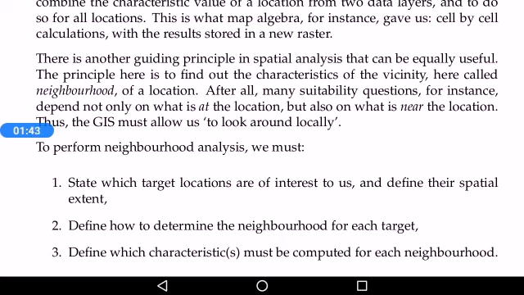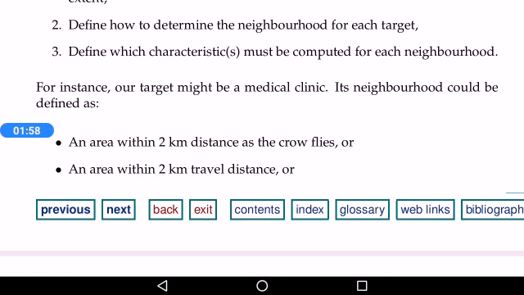Say for example, we'll take an example of a target which might be an ATM, a nearby ATM, and we want to find out its neighborhood. So our target may be an ATM or maybe a medical clinic. In this book, the example given is of a medical clinic.